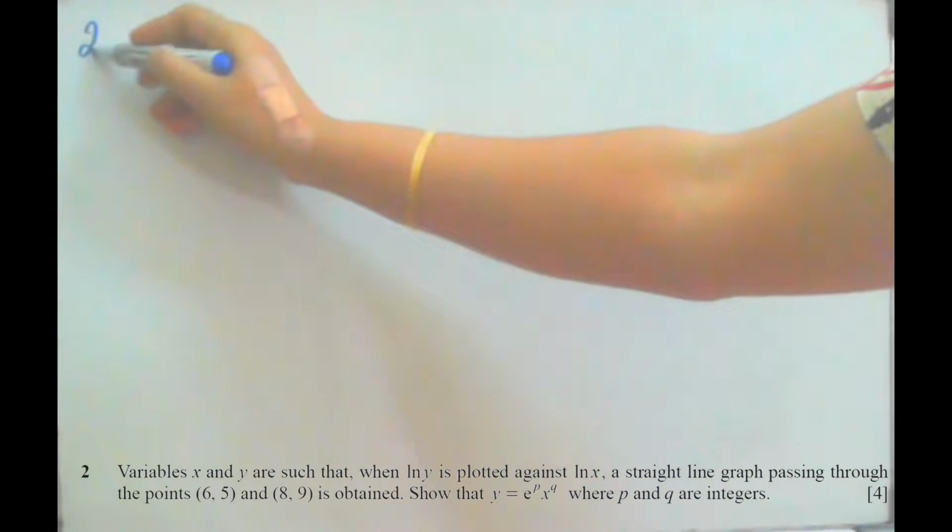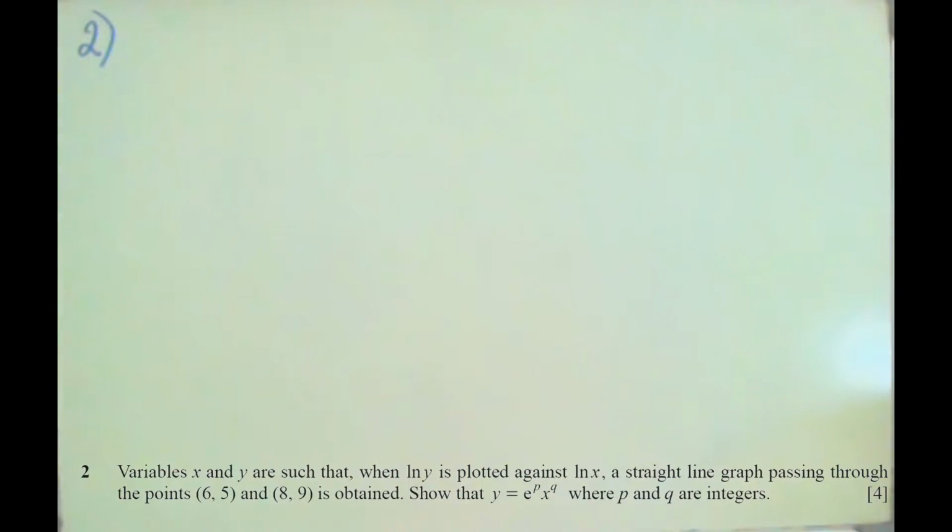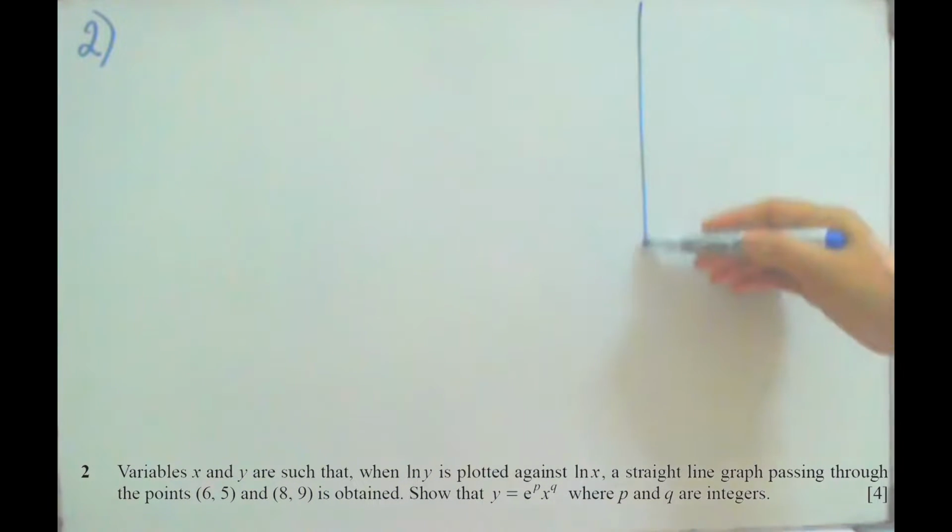Let's go to question number 2. Variables x and y are such that when ln y is plotted against ln x, a straight line graph passing through the points (6, 5) and (8, 9) is obtained, where b and q are integers.